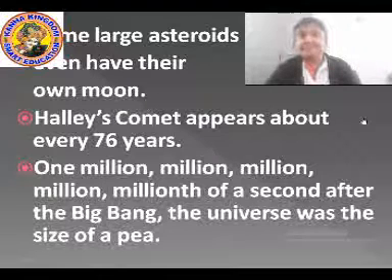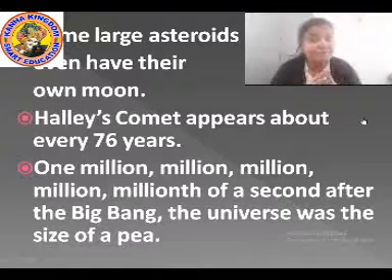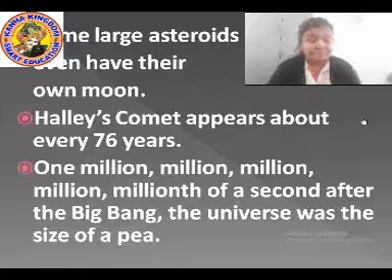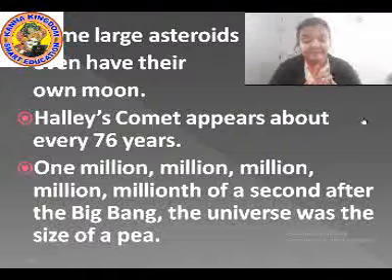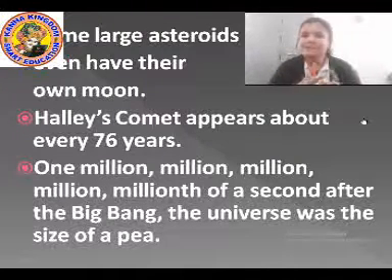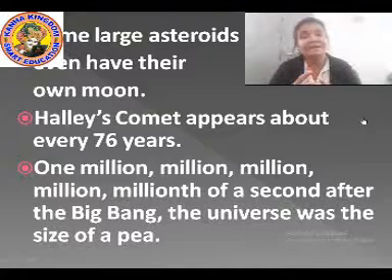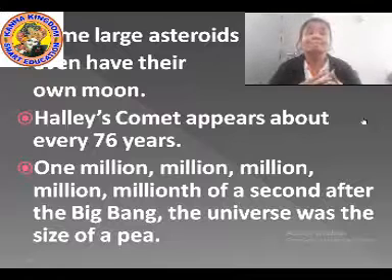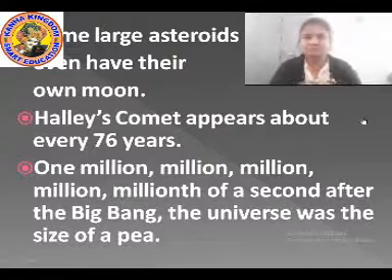Now next is some large asteroids. I had shown you the picture of asteroids in the classification of celestial bodies. Some asteroids have their own moon. Not only the planets have their own moon, or you can say their own satellites, but some large asteroids even have their own moon.